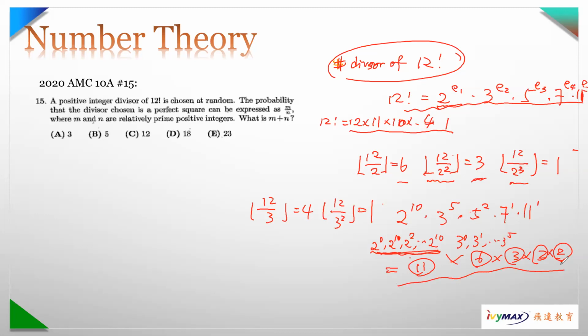So this is the other part I need you to take away. First is how you get the factorization of a factorial. The second, the number of divisors, it should be (E1 plus 1) times (E2 plus 1) times and so on, depending on how many exponents we have.